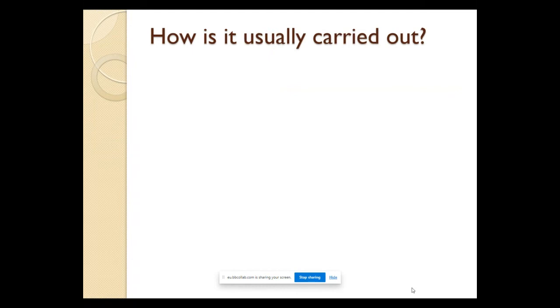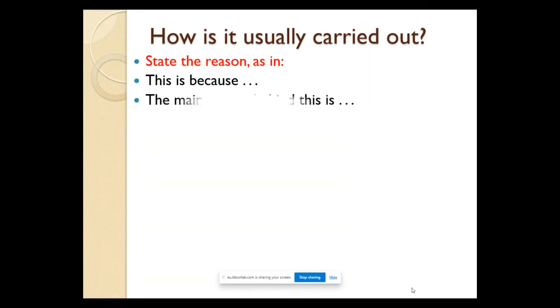Also, how is it usually carried out? We are talking about translation commentary. You state the reason when you give the reason why you did that. For example, why we used it is only then that, because we have فقط, okay, which places some emphasis on a particular moment of time. This is because, this is the way you start to justify.